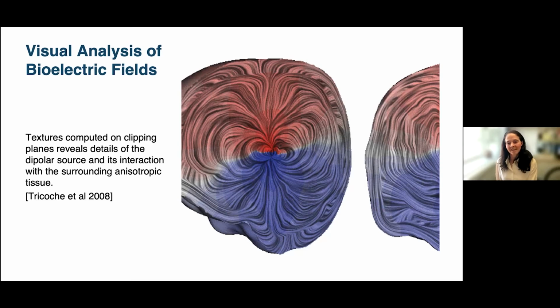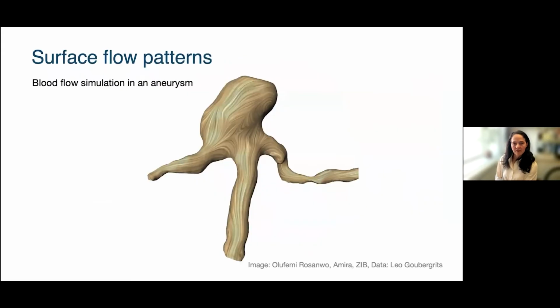Due to this density, this gives you very detailed information about your field. For sure, it only works on two-dimensional surfaces. Another example where this texture is applied on a surface, here now of an aneurysm, shows you the surface flow that you have in the aneurysm.